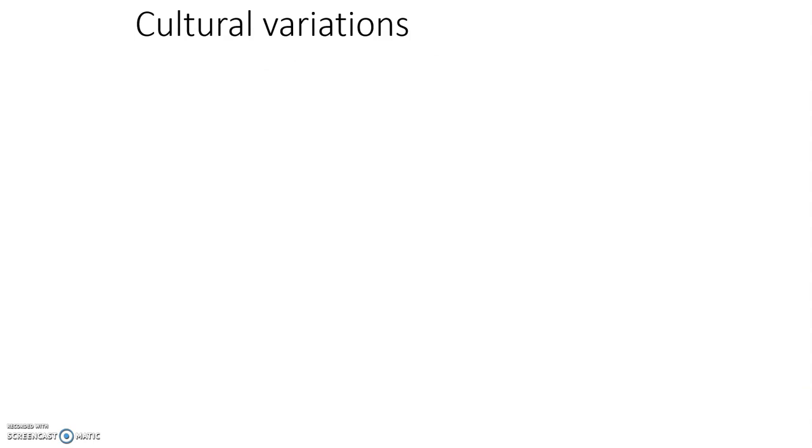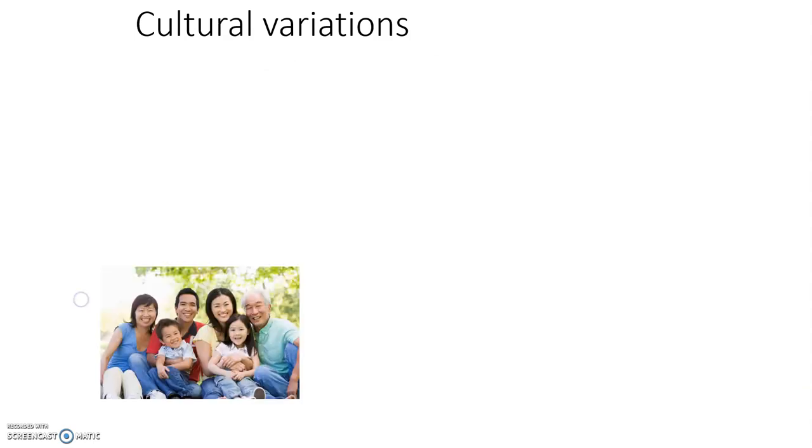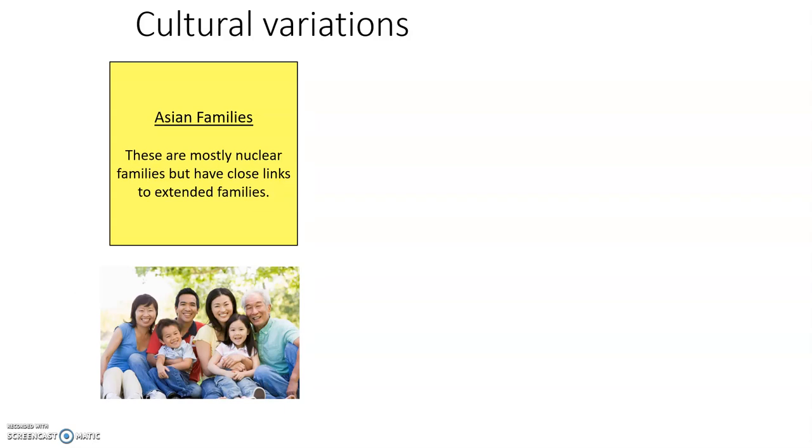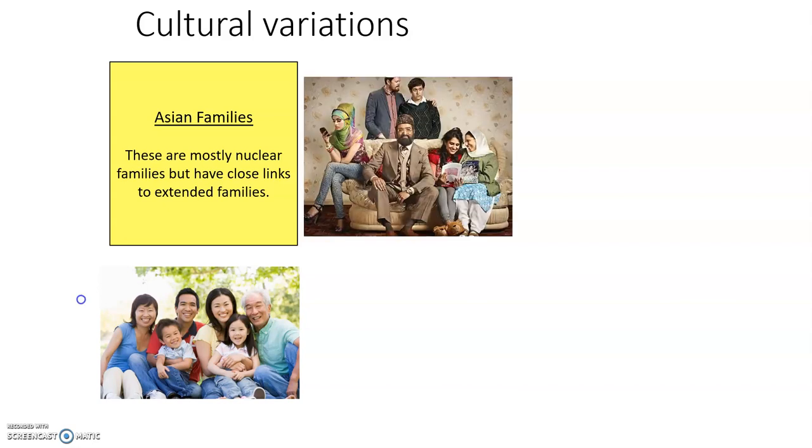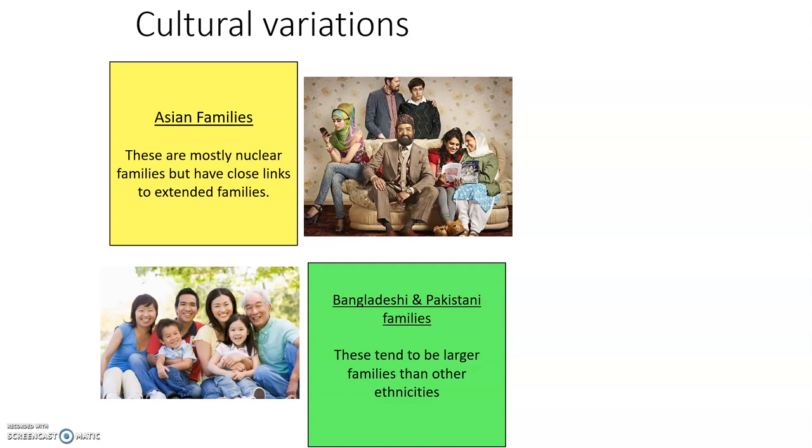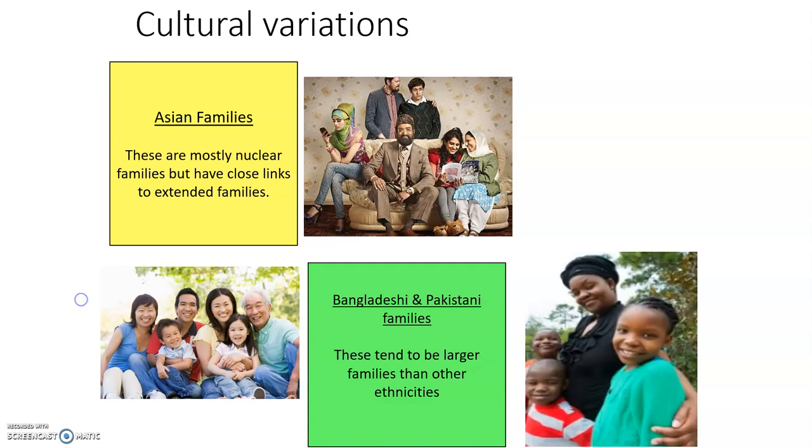So how does this differ depending on cultures then? Asian families most typically would be nuclear families but do have very good close links with the extended family. Asian families, Bangladeshi and Pakistani families, tend to be generally larger than some other ethnicities, may have more siblings, and may be more likely to have good links with extended family as well.